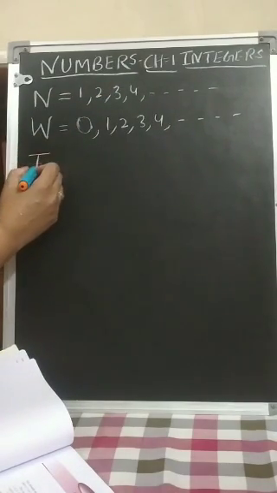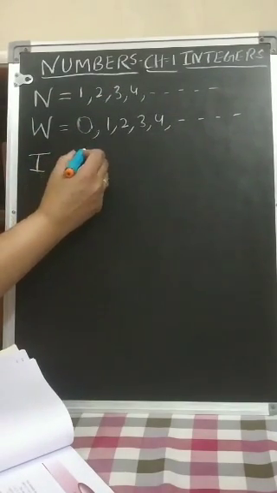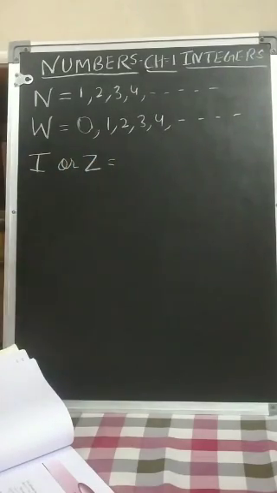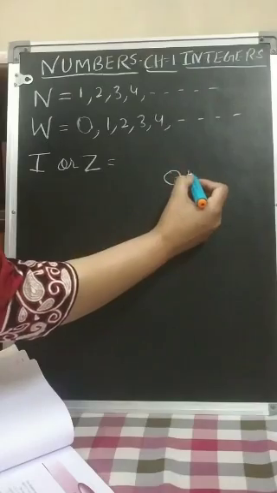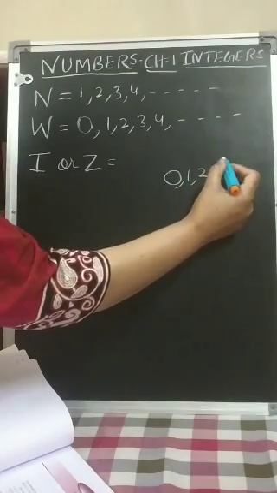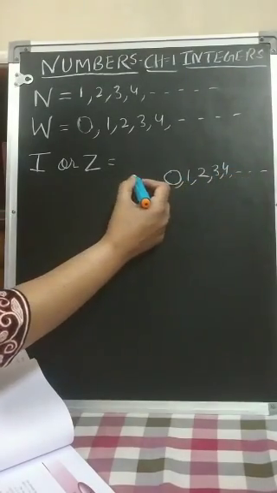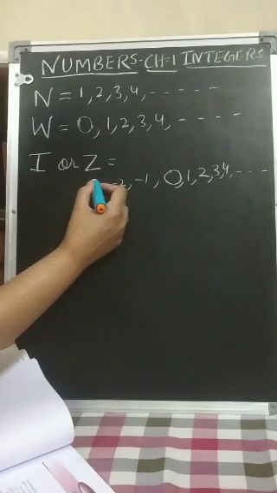Integers we denote by I or capital Z. In integers we take 0 also, 1, 2, 3, 4 and negative numbers also.